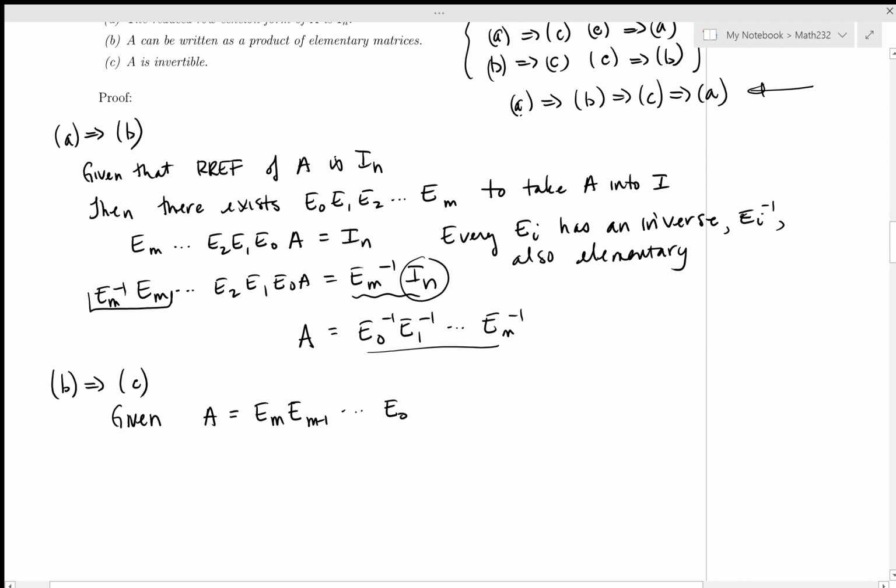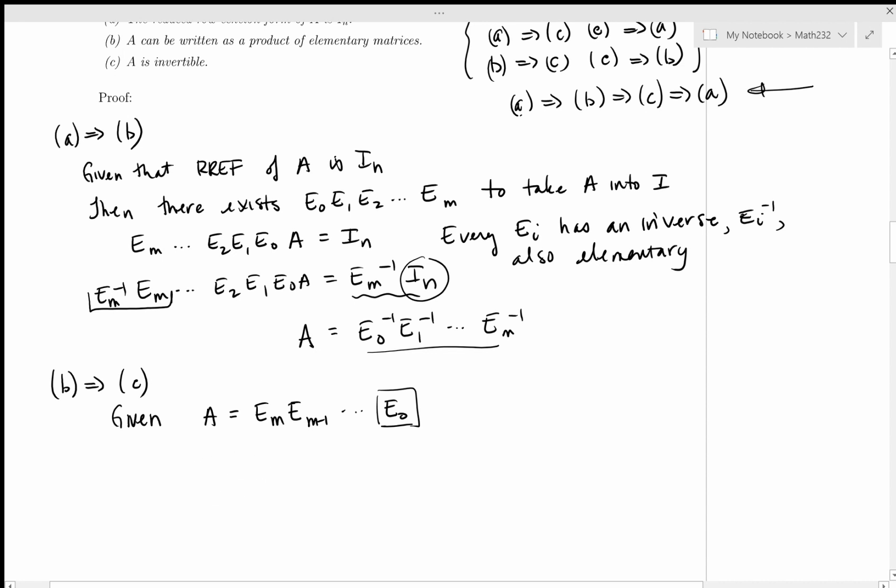And what I want to show is that A is invertible, that A has an inverse. So I start with my given, and I know that E_0 has an inverse because it's an elementary matrix, and all elementary matrices have inverses. So I simply go like this: E_0 to the minus 1 times A. I'm going to be a little bit more careful.